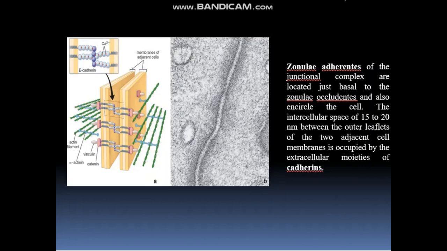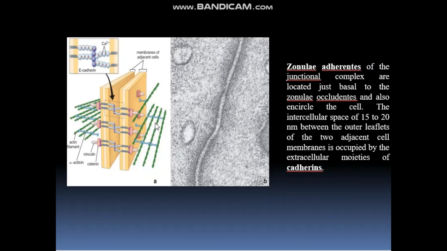Here we have to mention that the presence of cytoskeleton elements under the cell membranes of adjoining cells imparts mechanical strength to this type of junction. So adherens junctions are not just a binding of the cell membranes of two neighbor cells. It's also an adjoining of the cytoskeleton elements. That's why these junctions provide mechanical strength.